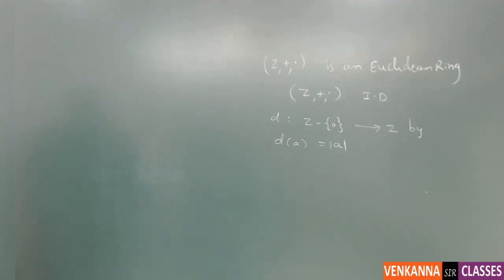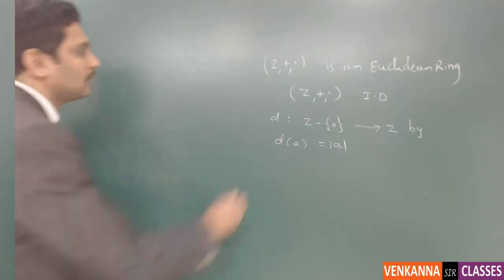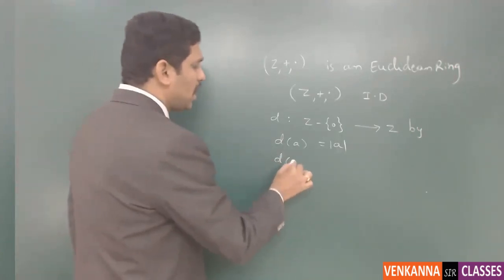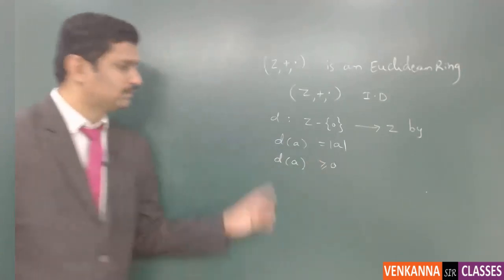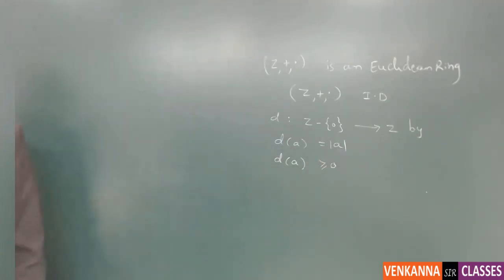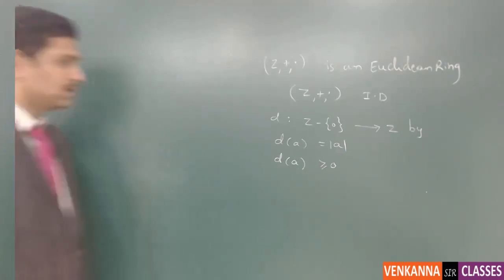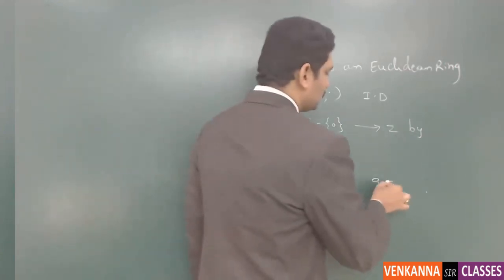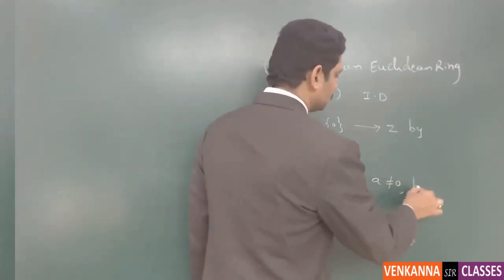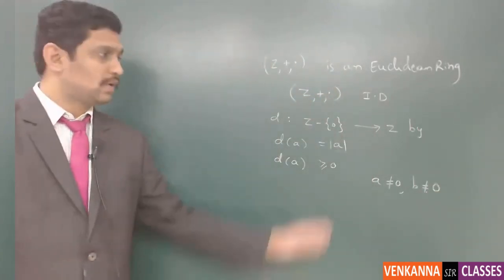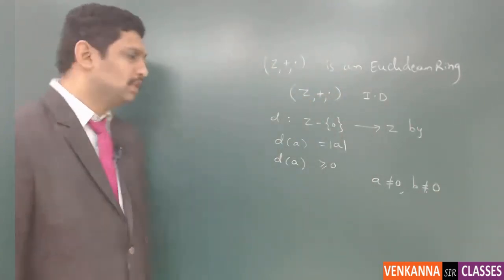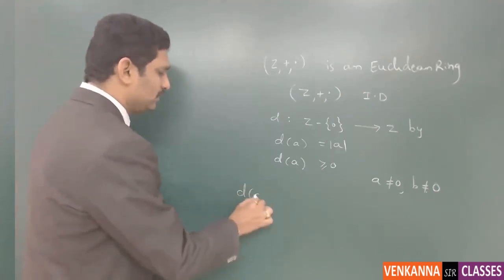Right. So, coming to the first condition, we can say that always d of a is greater than or equal to 0. You agree or not? Yes. Now, if you take two values, a not equal to 0 and b not equal to 0, now you consider d of ab.